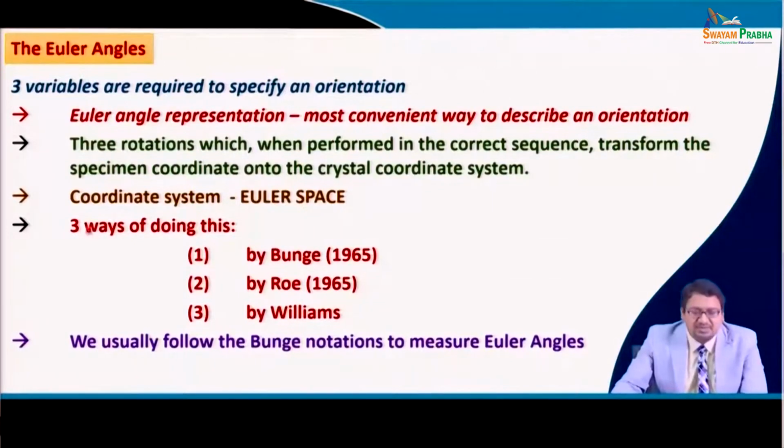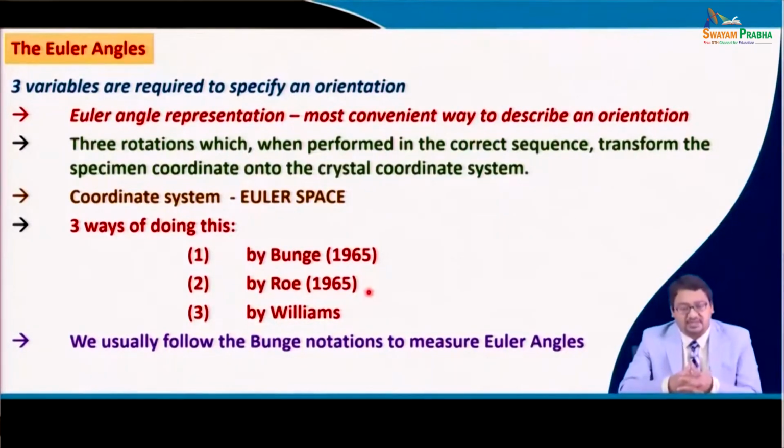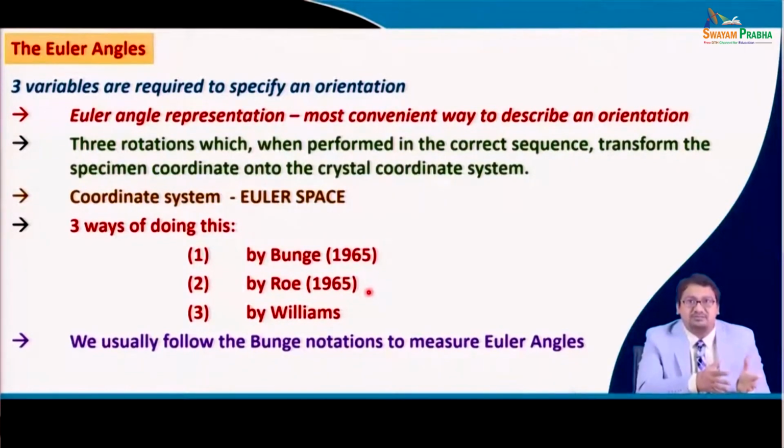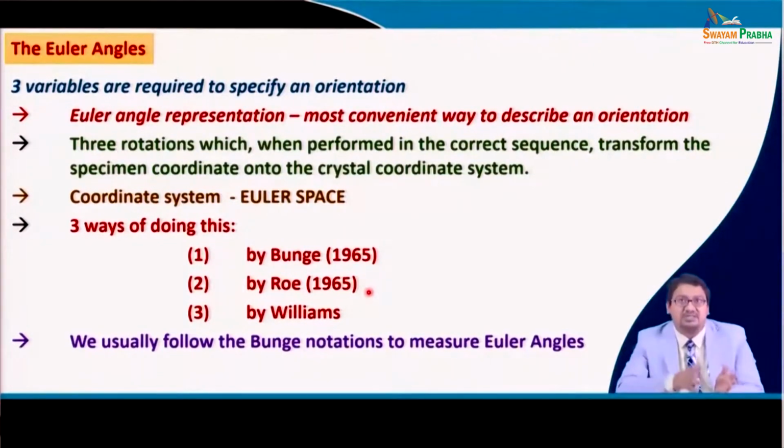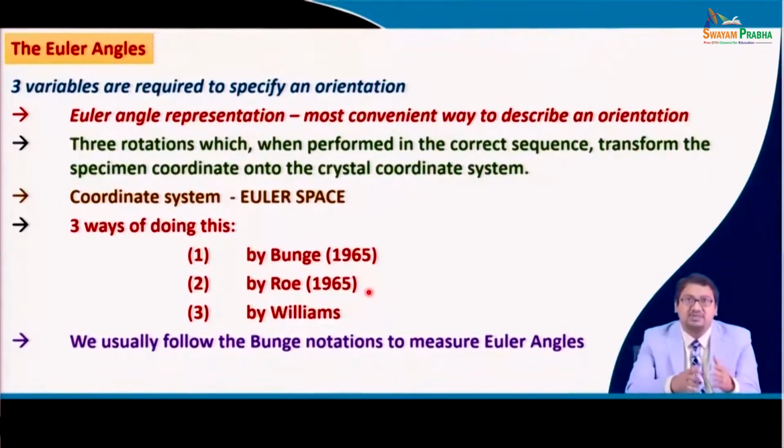There are 3 ways of doing this. One was suggested by Bunge in 1965, another by Roe, and another by Williams. So, one can obtain these phi 1, phi, phi 2 rotations differently in order to make the sample coordinate system equivalent to the crystal coordinate system. That is the path by which the sample coordinate system travels angularly to get to the crystal coordinate system, and that path is basically the texture, and it can be done differently.